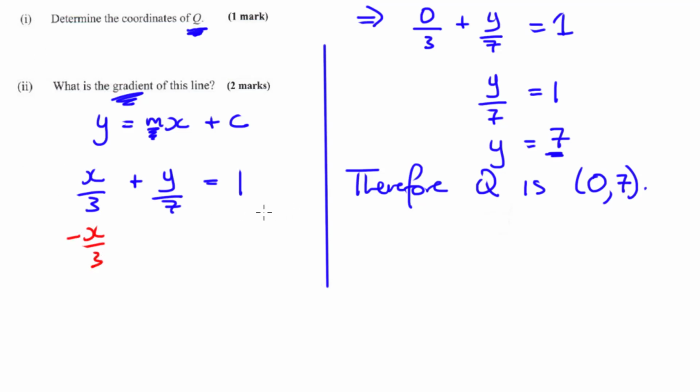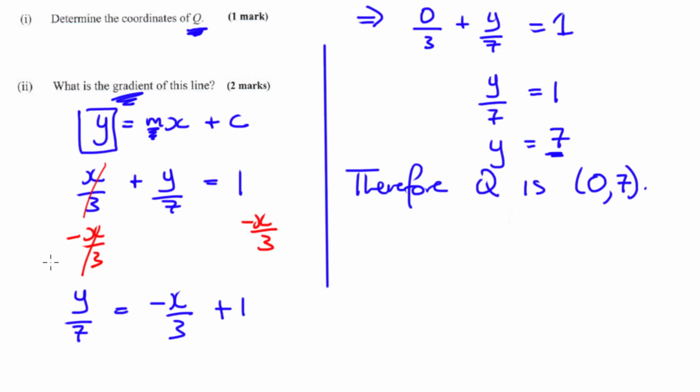So these are going to cancel, and that leaves me with a seventh of y is equal to negative a third of x plus 1. Now, I need to get y by itself. I'm basically solving for y.